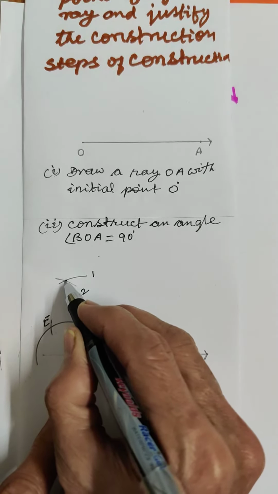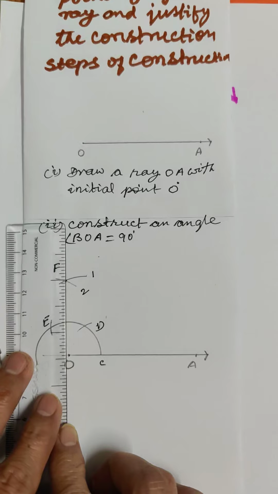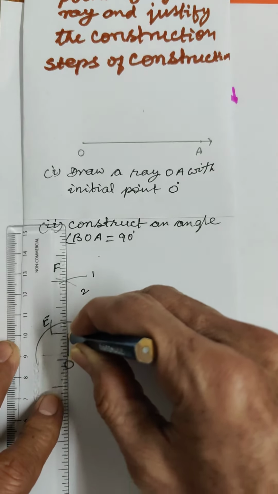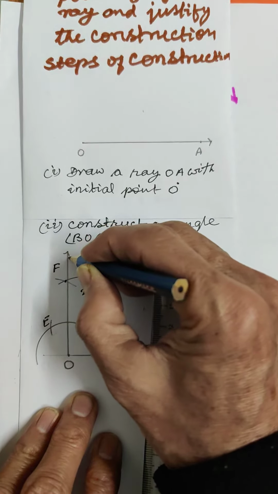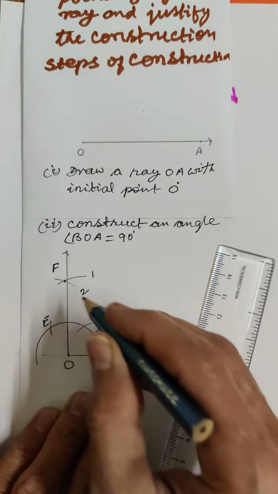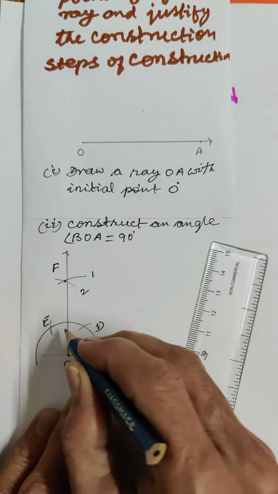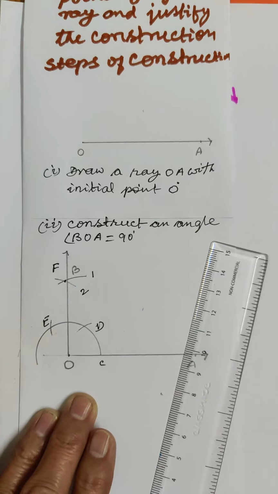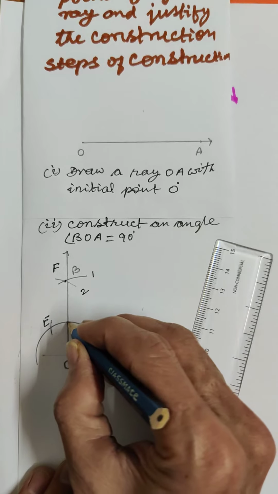Say it is intersecting at F. Now we shall join F to O. Say it is point B. Taking this point as G.